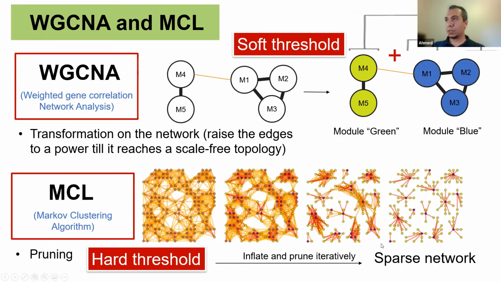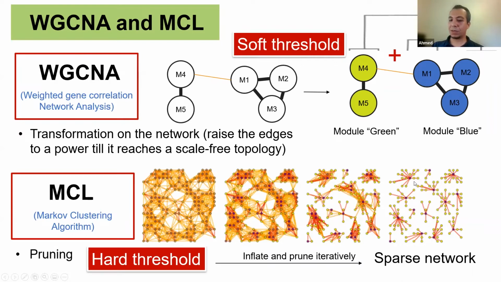A sparse network is basically where you have these defined clusters or modules, where if you track each of these nodes, they are linked at one point to what we call the sink node. This is the node in the center here, and it is the sink node for all of the different nodes within this cluster.